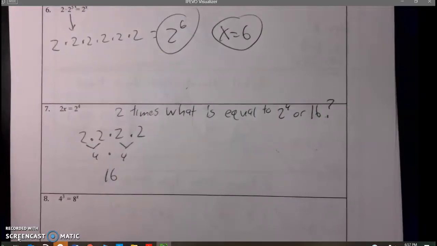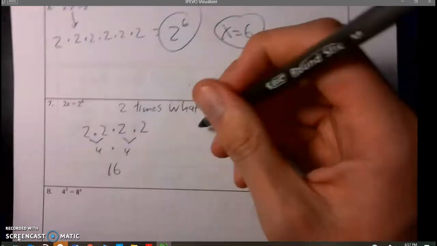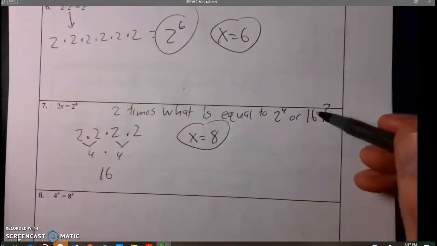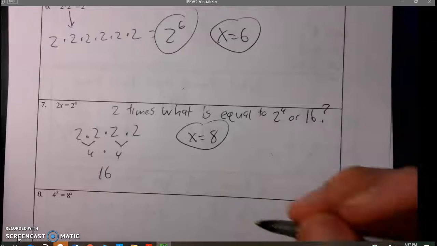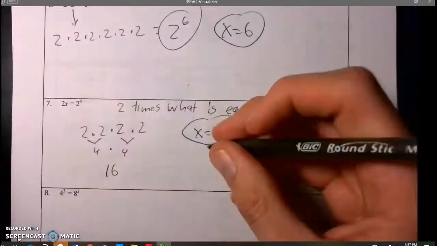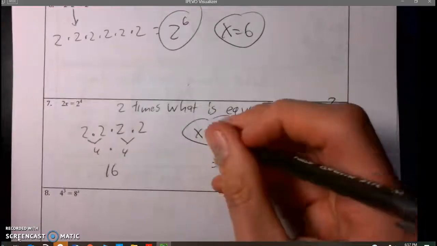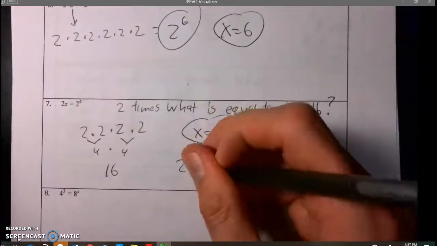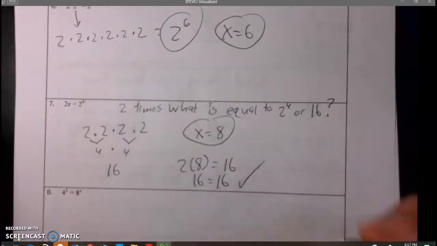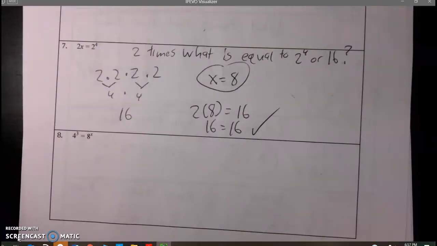So 2 times what is equal to 16? X has got to be 8, right? 2 times 8 is 16, or 2 to the 4th power. Once again, we want to check our work, so we just found out that 2 to the 4th power is 16, so I can just leave that as that. Substitute in this 8 in here, and let's see if it checks out. It does indeed, so x, my value there, is 8.